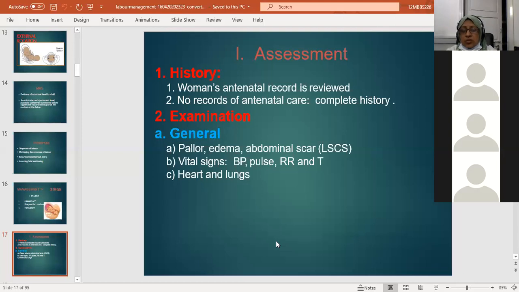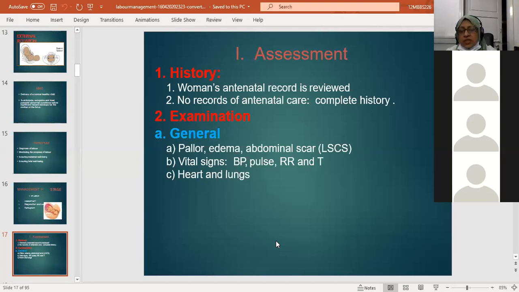The patient is also anxious, so this is very important. For example, if the patient has had 2 previous cesarean sections, then you will decide for a cesarean section. We will not give a trial of labor. But if the patient has a past history of easy normal vaginal delivery, you can easily give a trial.